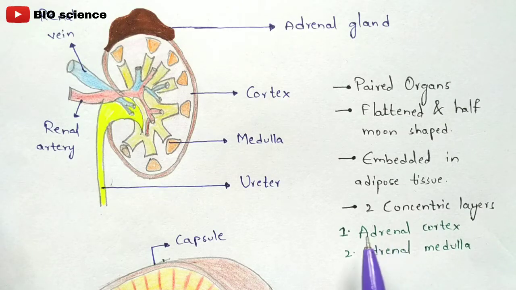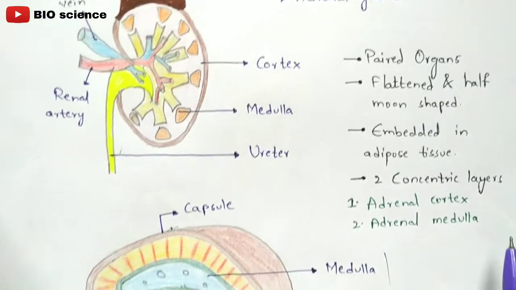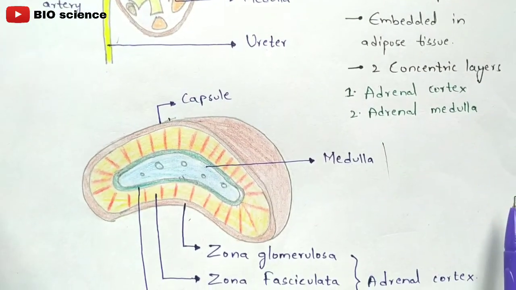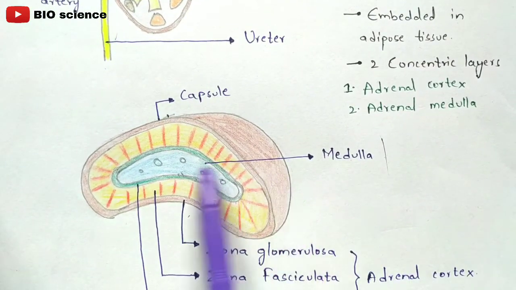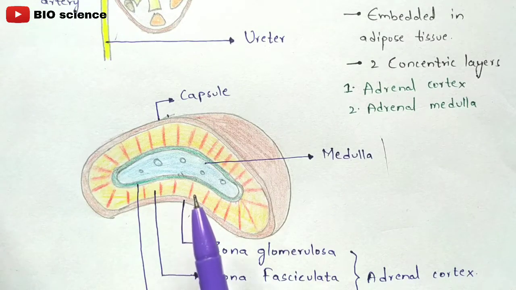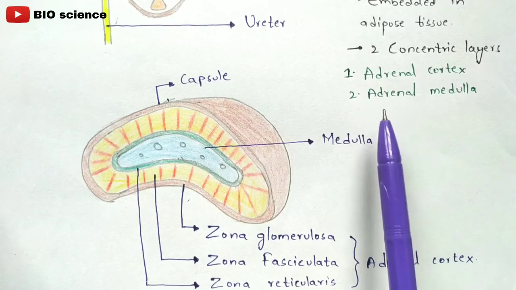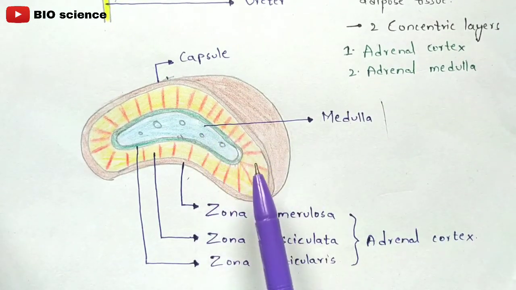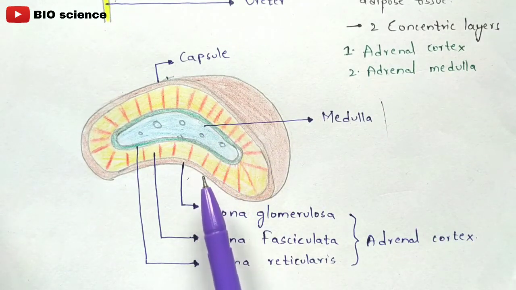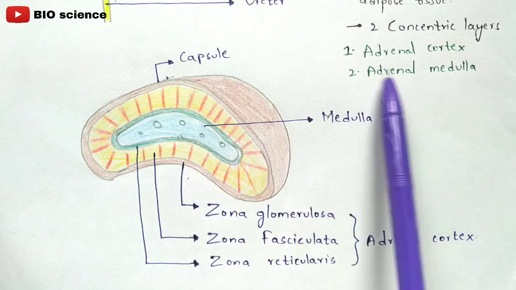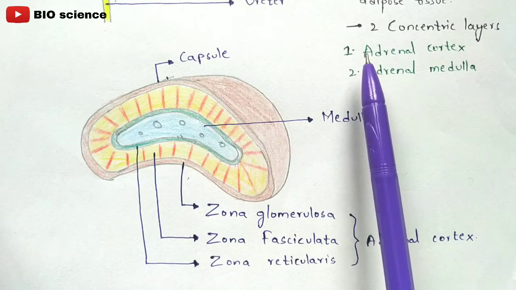Before discussing these layers, firstly you have to see the structure of the adrenal gland in a horizontal section. For example, if you cut that adrenal gland, the structure resembles this. As I said, it contains two concentric layers, adrenal cortex and adrenal medulla. Here the adrenal cortex again contains three zones.